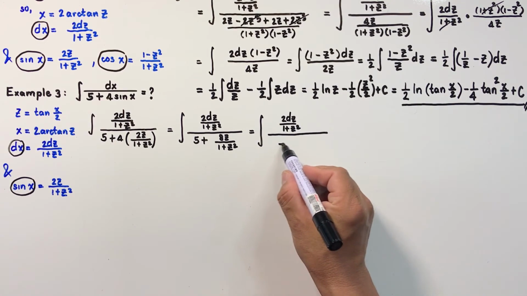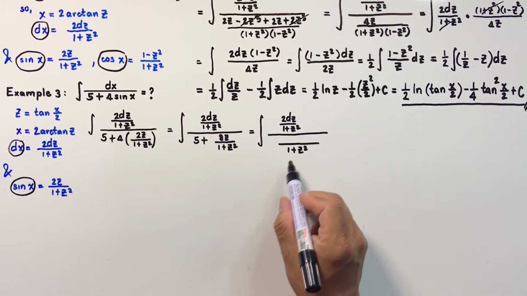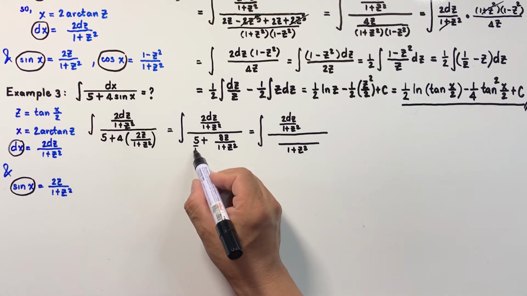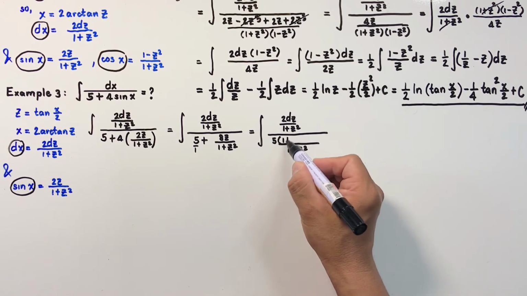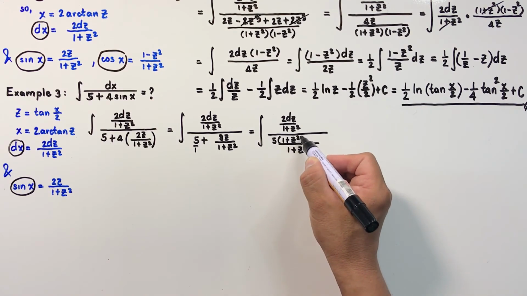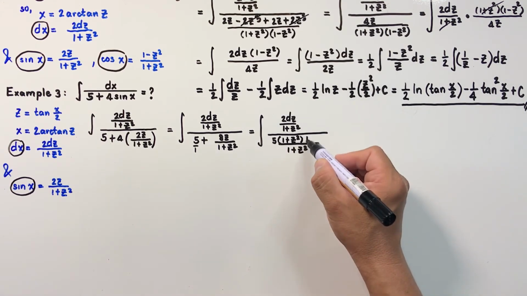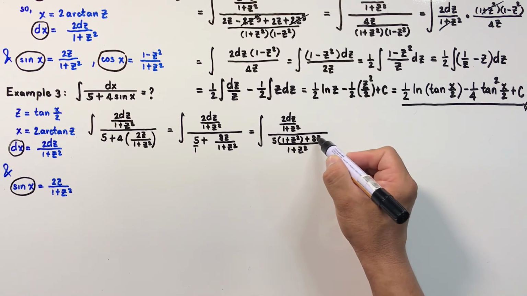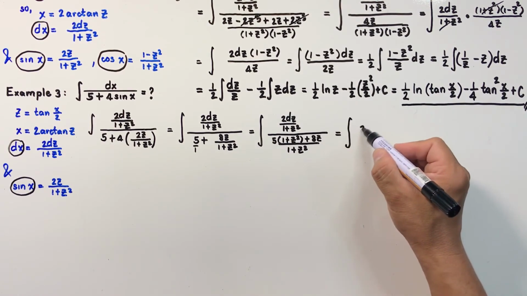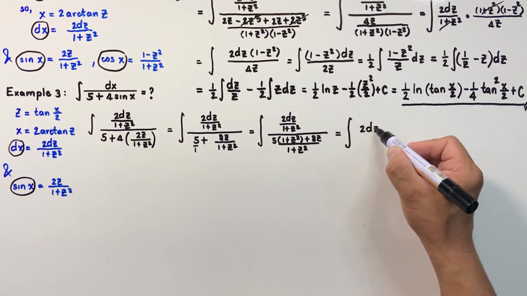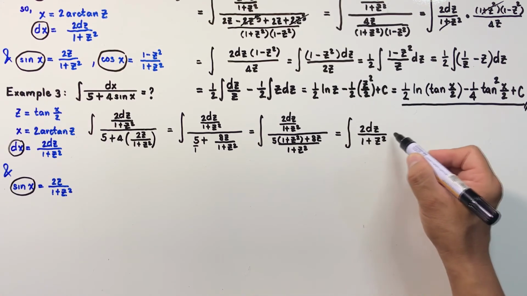And the least common denominator is 1 plus z squared. So 1 plus z squared when divided by 1 is 1 plus z squared. So 1 plus z squared will be multiplied to the numerator 5. And then this 1 divided by 1 plus z squared is 1. So times 8z, that is 8z only. And then we can apply the law of division by multiplying the numerator by the reciprocal of the denominator.